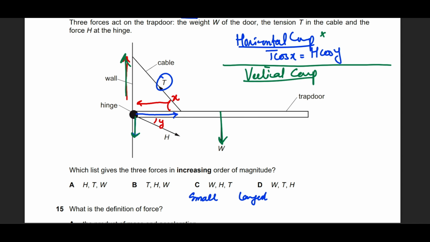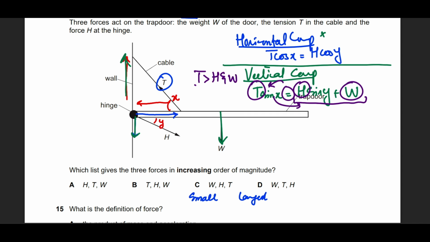So this will be T sin X equals H sin Y plus W. Now this equation tells us that T is greater than H and W, because only when you add them together is it equal to the component of T. But it still does not tell us the relationship between H and W.